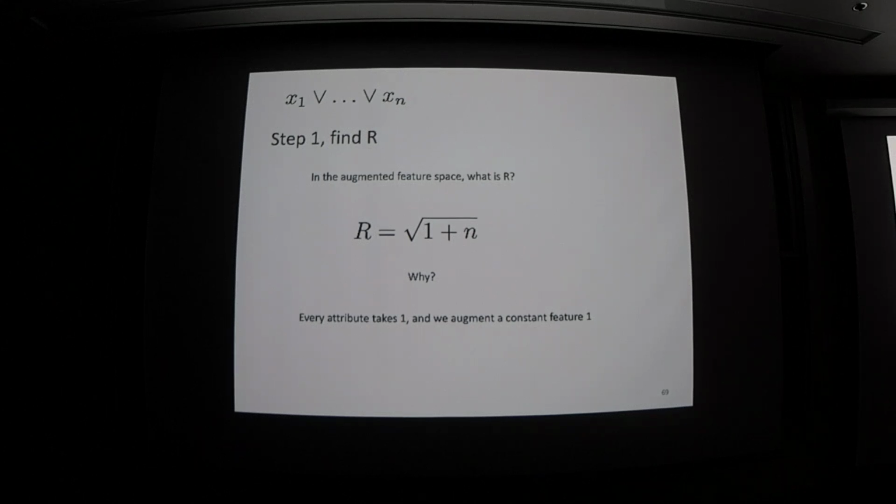And of course, still the longest vectors have every element equal to 1. So the upper bound, the maximum length of the input vectors, is the square root of 1 plus n. Every attribute takes 1, and we augment the constant feature 1. So we get our upper bound of the norm of the input vectors: square root of 1 plus n.